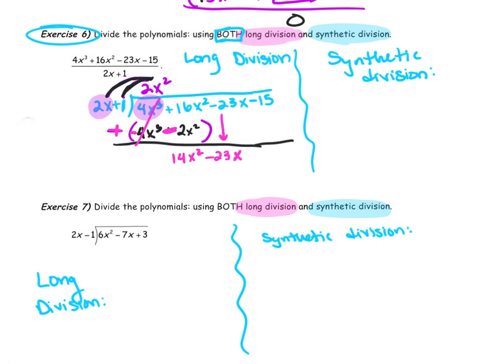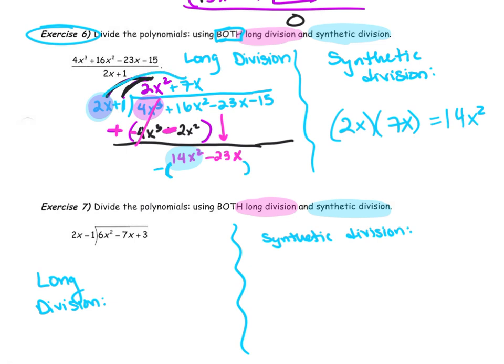Alrighty, again, let's do it. We have 2x times what gets me to 14x squared? Well, that's 7x. So we would have plus 7x, and we need to redistribute. All right, I'm going to write a little smaller so I can fit all of this.